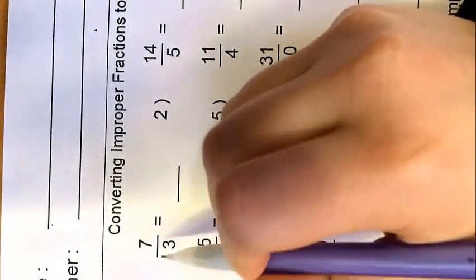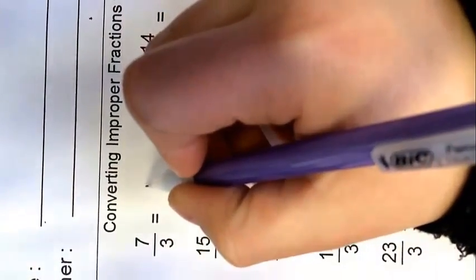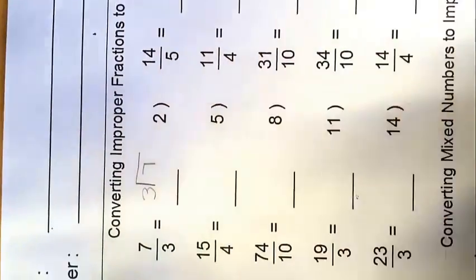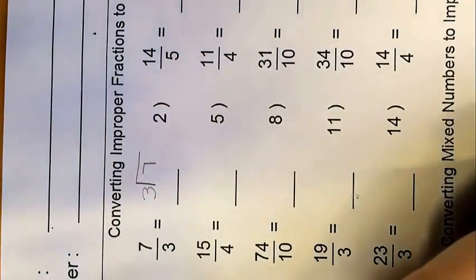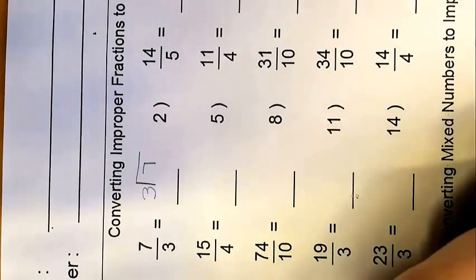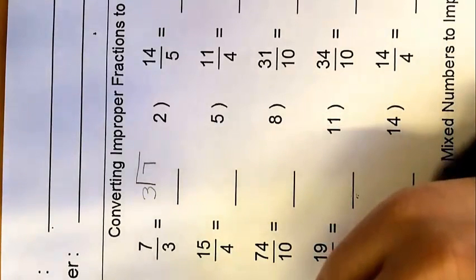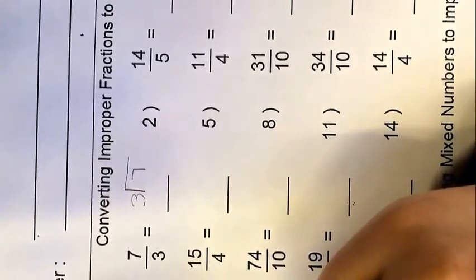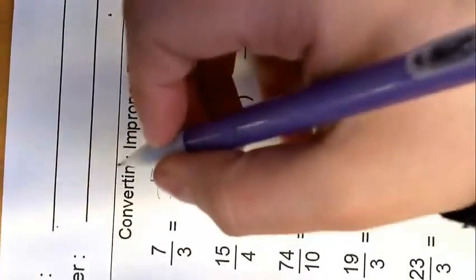Correct, it tips over, so we have to do our division. How many times does 3 go into 7? If you need to, you can use your multiplication chart. That's right, 2.